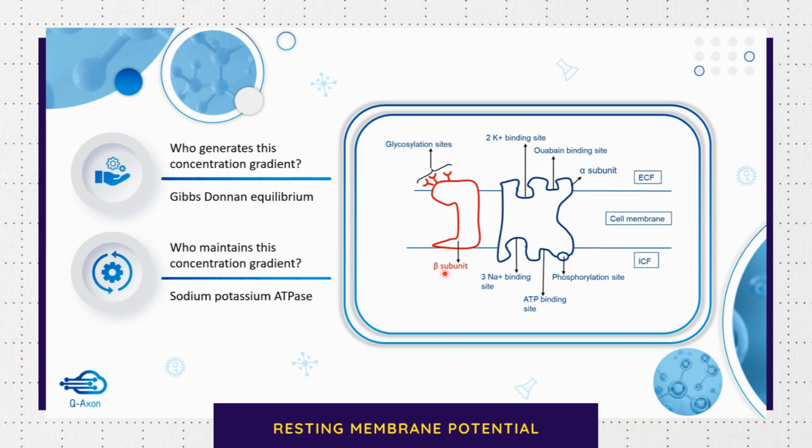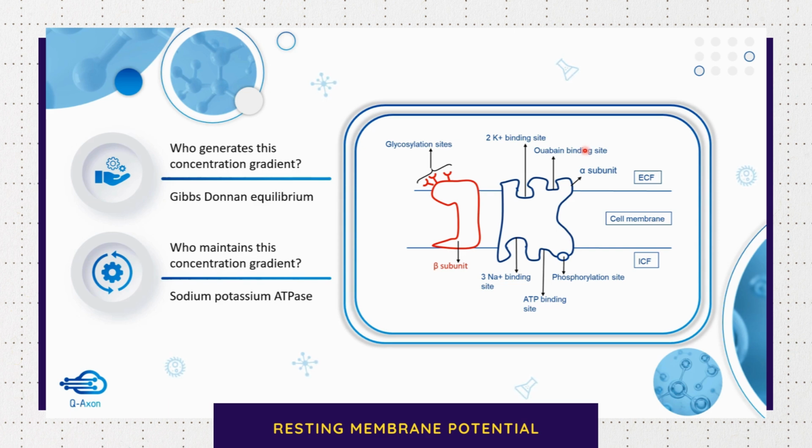And also when the cells are stimulated, what happens? The sodium comes from outside to inside. So this concentration gradient of sodium and potassium will be disturbed because in action potential, sodium moves from outside to inside and potassium also continuously moves from inside to outside because of the change in permeability of the membrane to these ions.